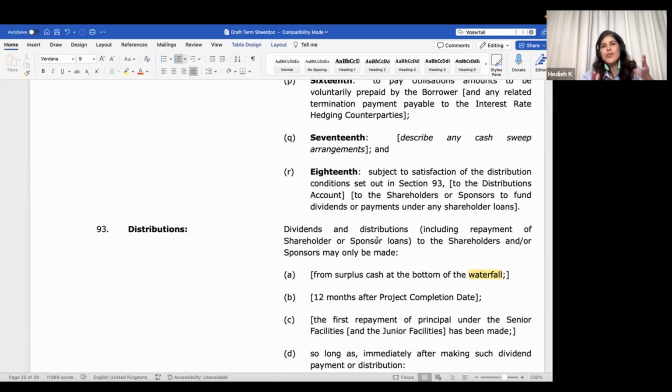The lenders don't have much power in deciding, as long as it makes sense and as long as they satisfy the different covenants that the lenders put, they are free to distribute the cash however they want. The lenders' concerns go only as far as their ranking. After that, it's not really their business.